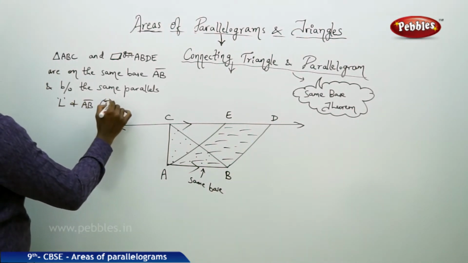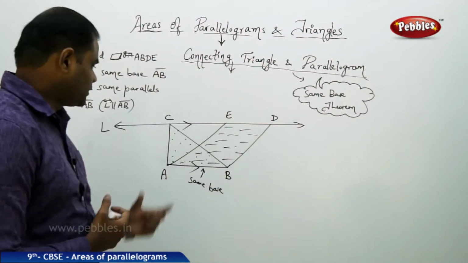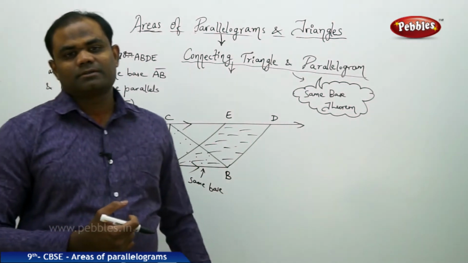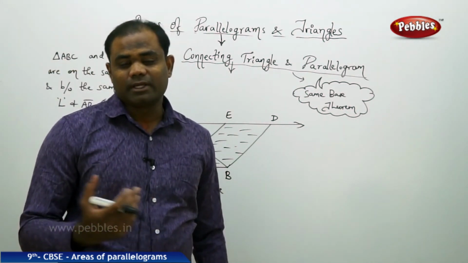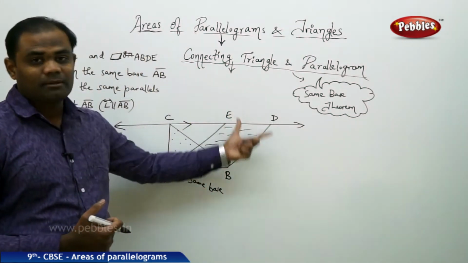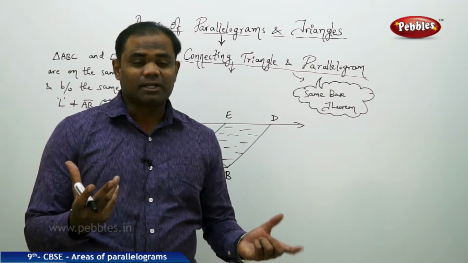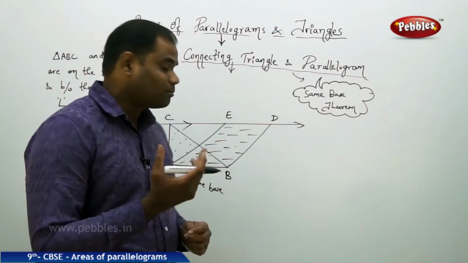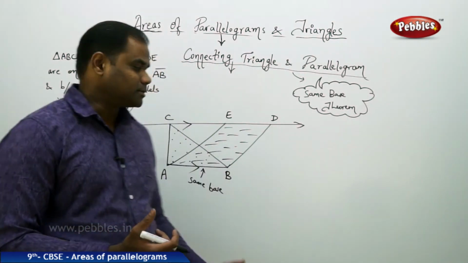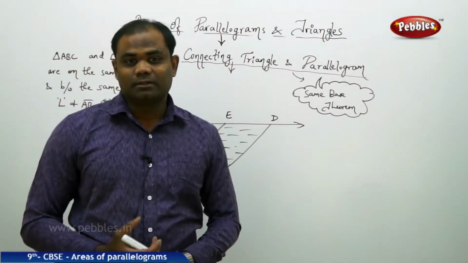That is, the line L which is parallel to AB. This is how we understand a triangle and a parallelogram on the same base and between same parallels. Now comes the question on the investigation of the areas of the triangle ABC and the parallelogram ABDE. Will the areas be equal, or is there any relation which connects the area of the triangle with the area of the parallelogram? That is the biggest question. Let's investigate the area connected with a parallelogram and a triangle on the same base and between same parallels.